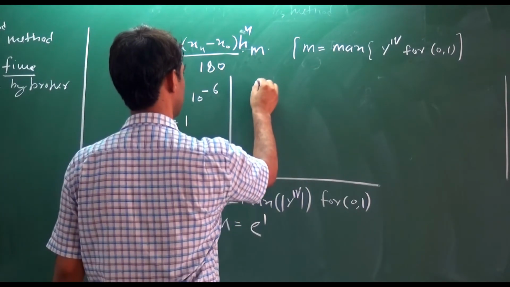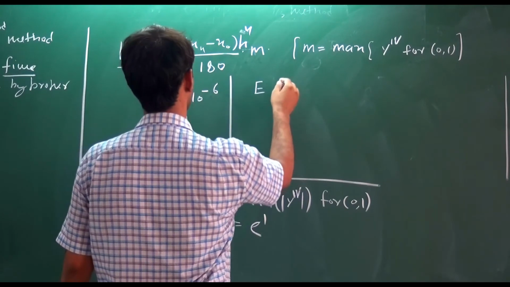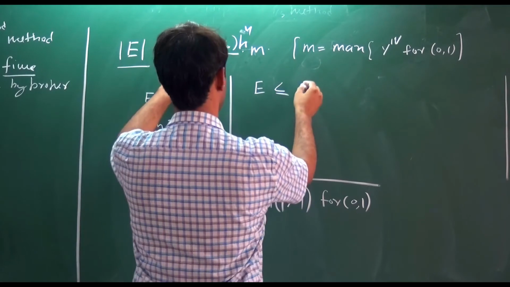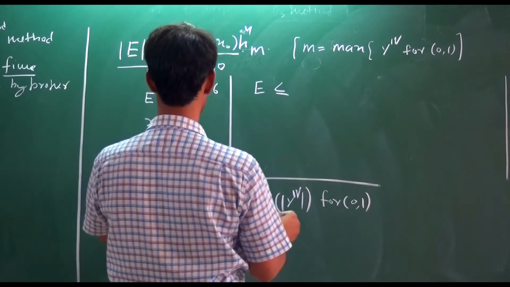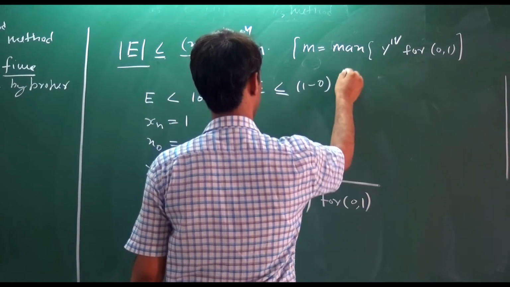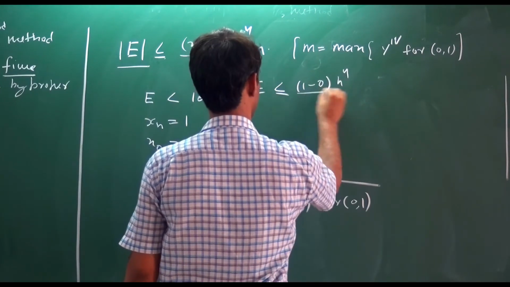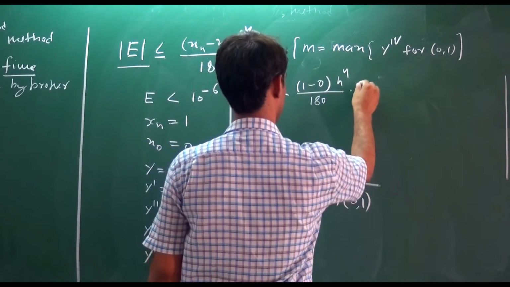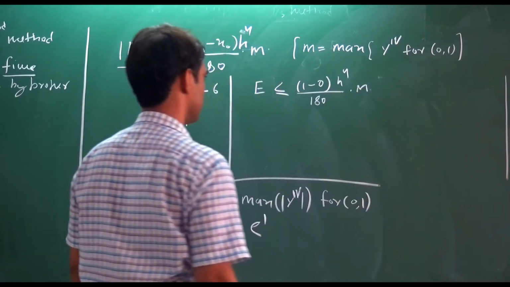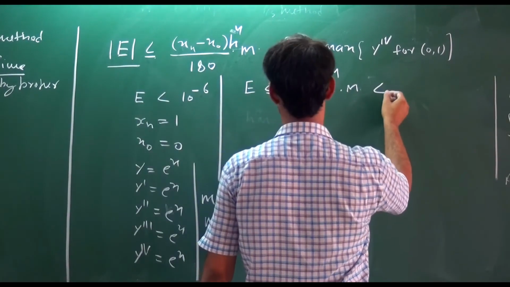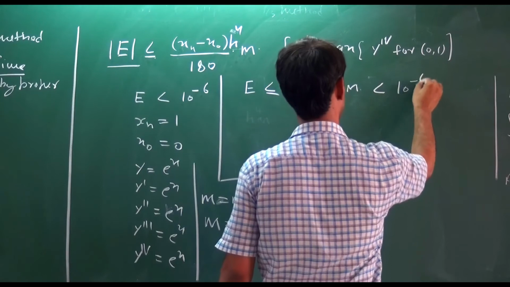So E, xn minus x0 less or equal to xn minus x0, which becomes 1 minus 0, h to power 4 divided by 180 into m. So this is less than 10 to power minus 6.